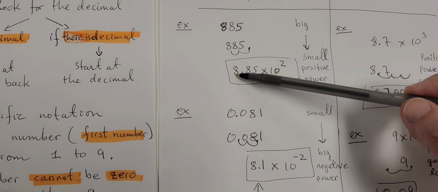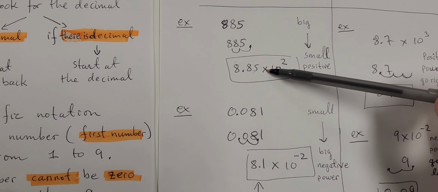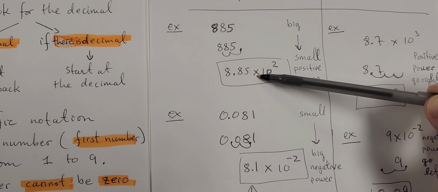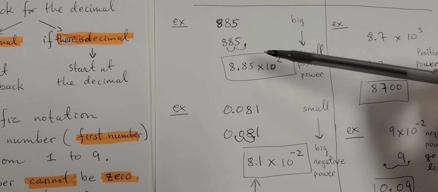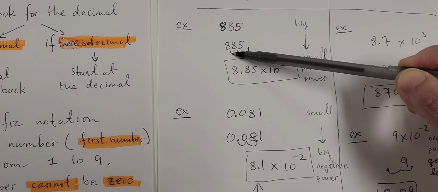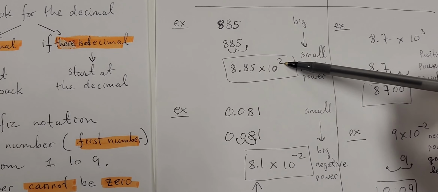So it is 8.85 times, even though this is the letter X, in this situation it represents times, 10. The 10 is by default, and the power is 2 because I moved 2 times. So I move 1, 2, so that's where the 2 comes from.